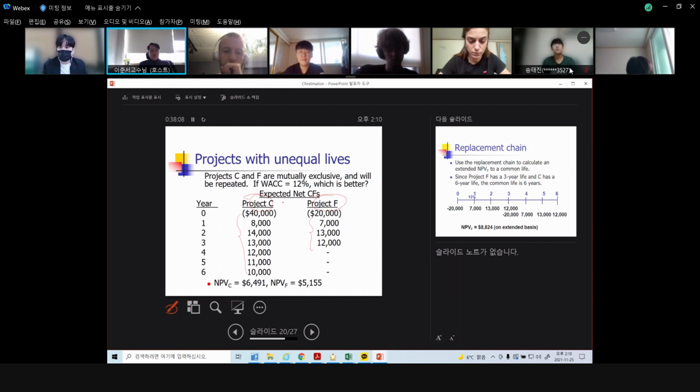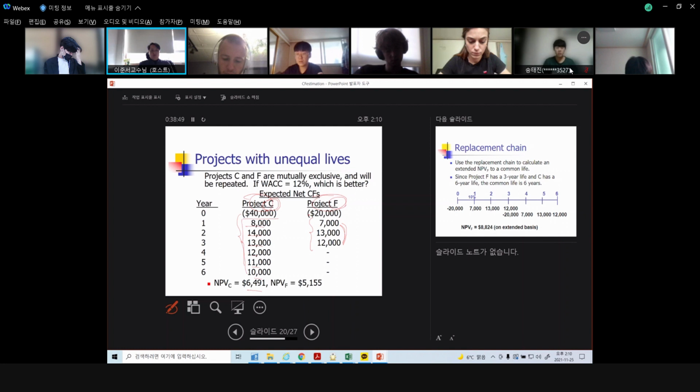For Project C, the total capital expenditure is 40K, and you can anticipate 8K at the end of the first year, 14K at the end of the second year, 13K at the end of the third year, and so on. If we calculate the net present value for Project C, it's going to be 6,491. Project F has a 3-year project life.